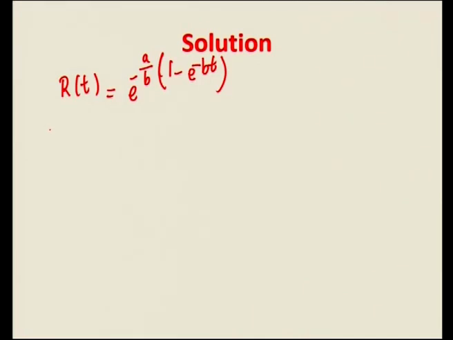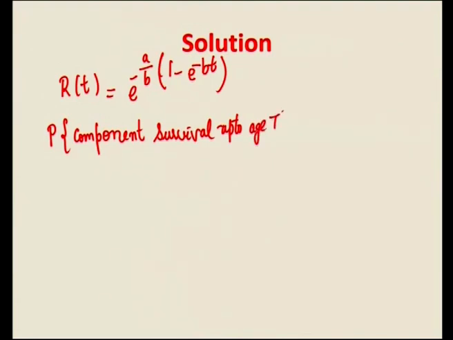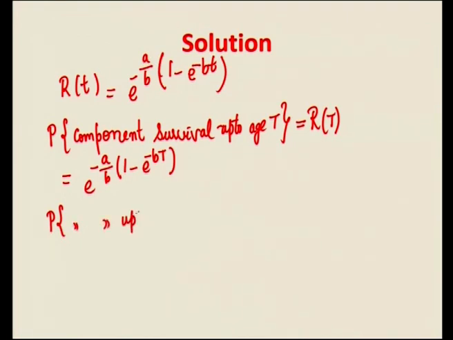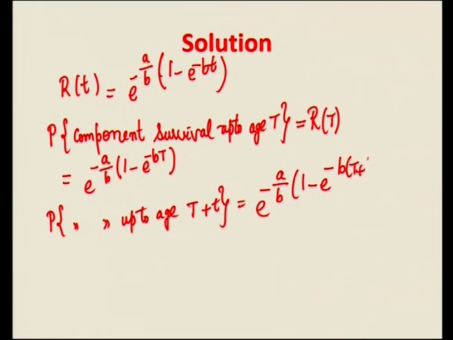Now, the probability that the component survives up to age capital T is given by capital R of capital T. This is equal to e power minus a by b into 1 minus e power minus b times capital T. Similarly, the probability of component survival up to age capital T plus t is given by e power minus a by b into 1 minus e power minus b times capital T plus t.